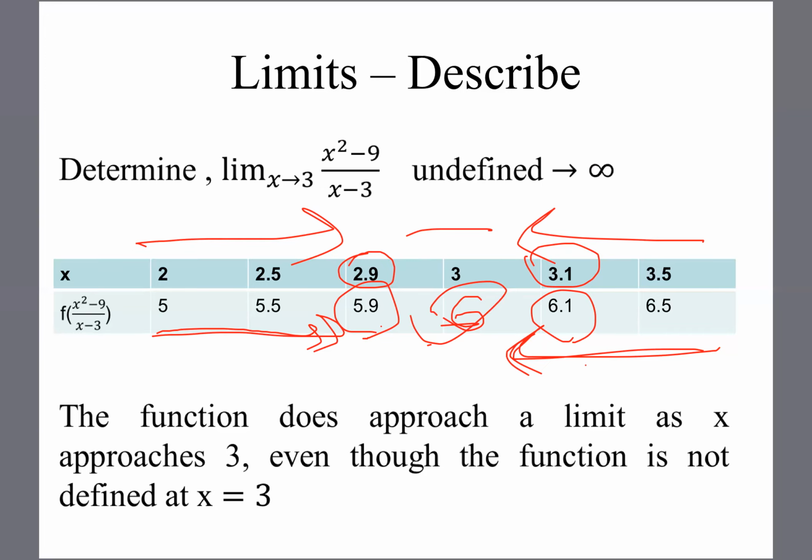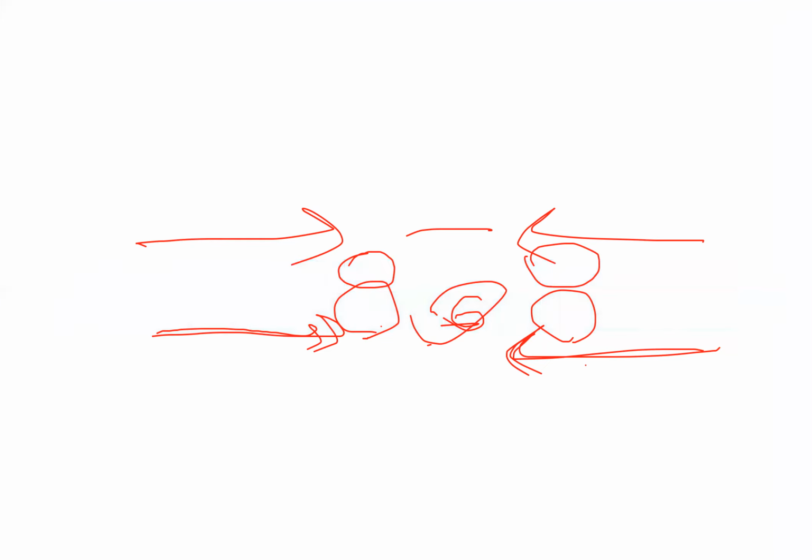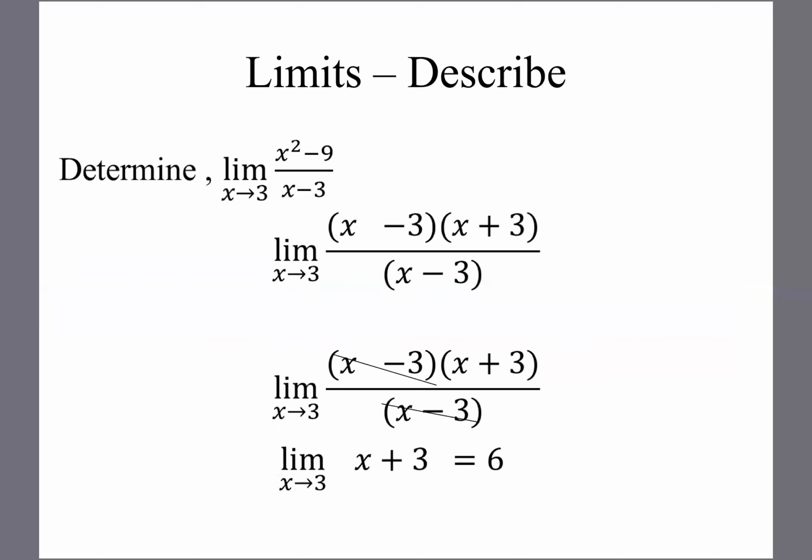Limit describes that. Therefore we can finally say, when x is approaching 3, our function's value equals 6. Correct, right? This one we explain through the limits method. Otherwise it is an undefined value if we just substitute. So sometimes we can get it, right?